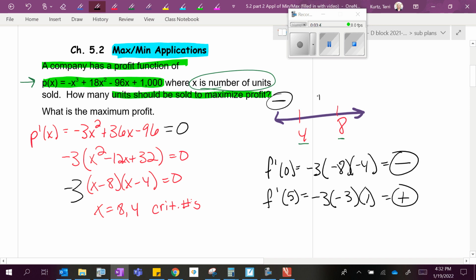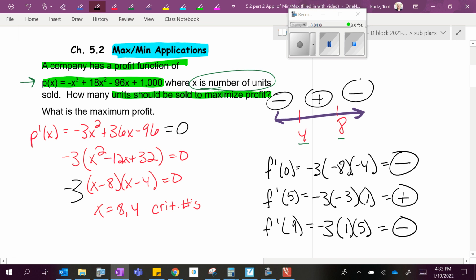So it's increasing from 4 to 8. Let's test our last interval. I'll choose 9 as a test value. So I plug it in, I get a negative 3, a 1, and 9 minus 4 is 5. Multiply all that together, so it's decreasing.